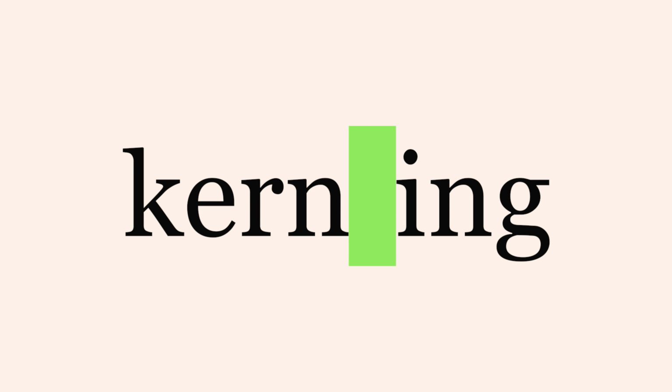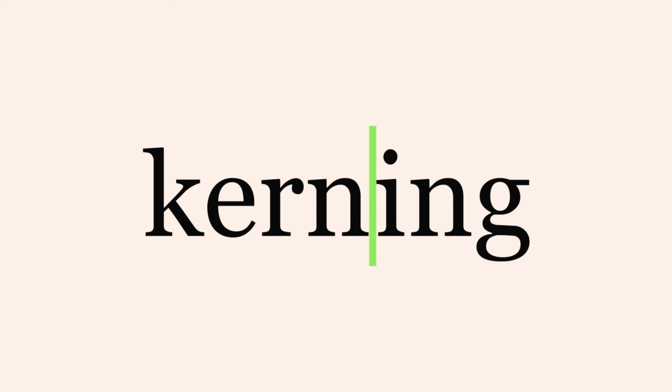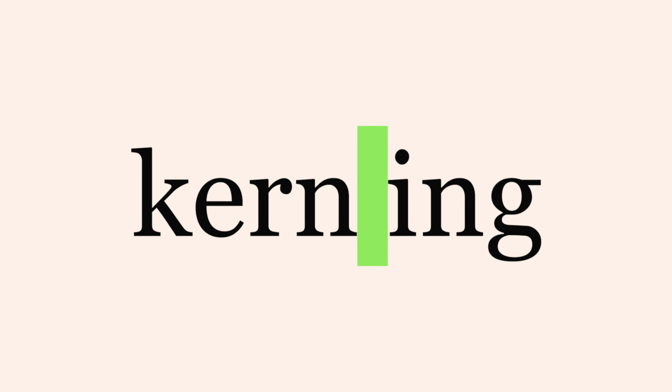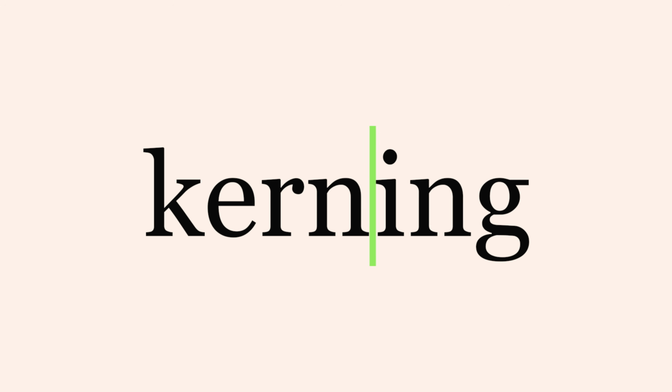Now, when discussing typography, there are three key concepts related to spacing and alignment, and those are kerning, tracking, and leading. Kerning refers to the space between two specific letters. This is adjusted so they don't look too far apart or too close together.